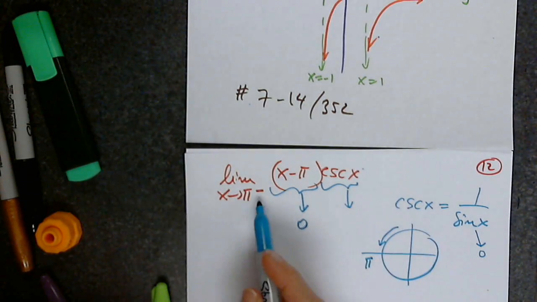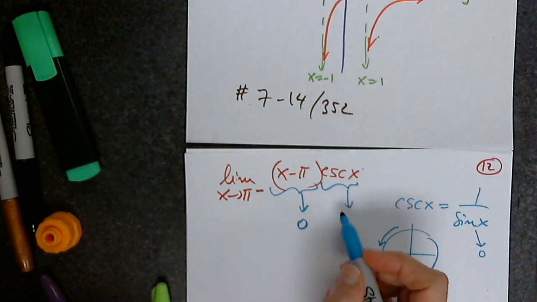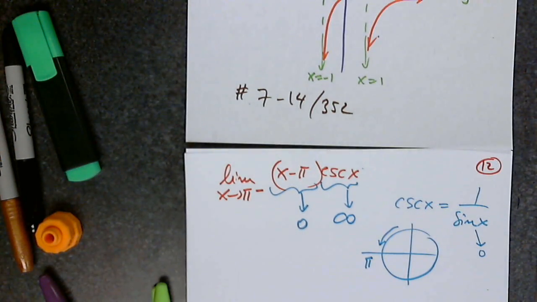True, but it's from the left. Right. What kind of indeterminate case is this? Right. Can I use L'Hopital's rule on it? I can only use L'Hopital's rule on 2 cases, and only on 2: 0 over 0, or infinity over infinity. Right.